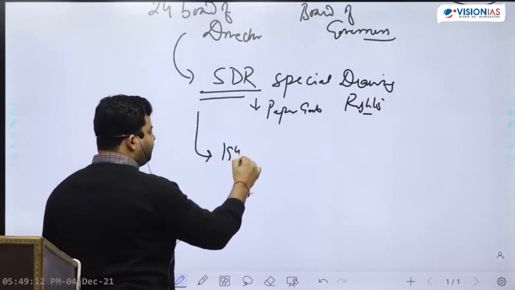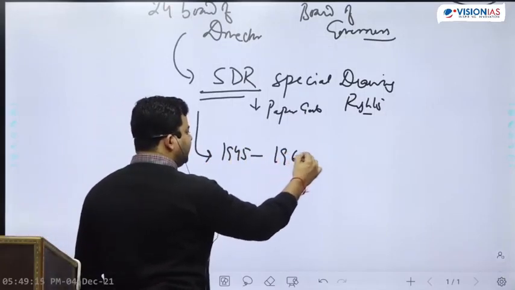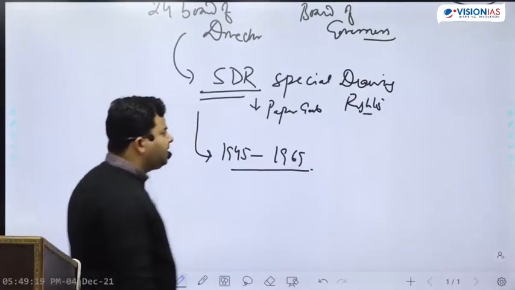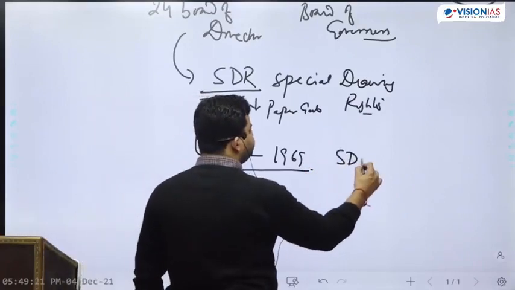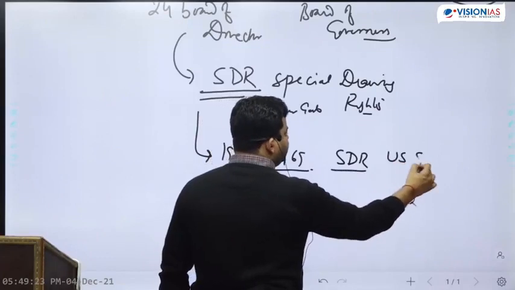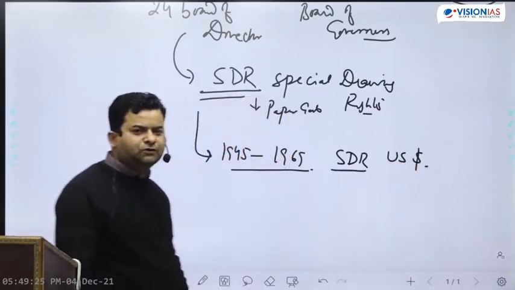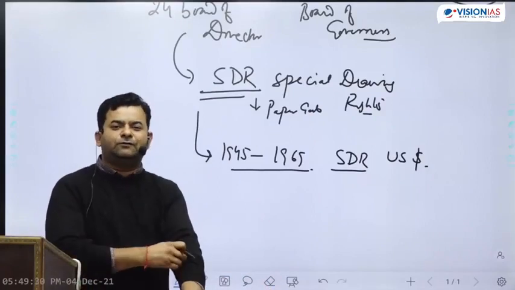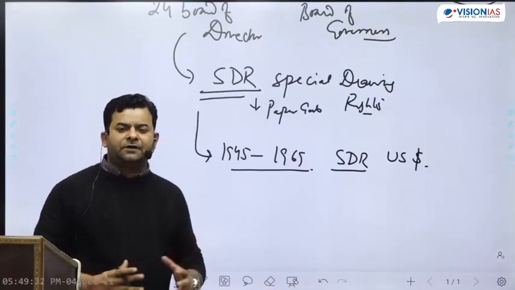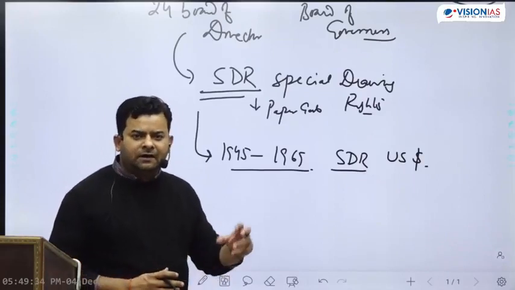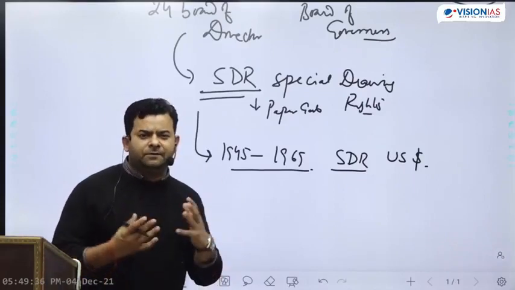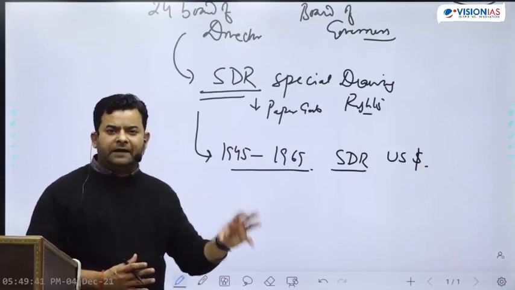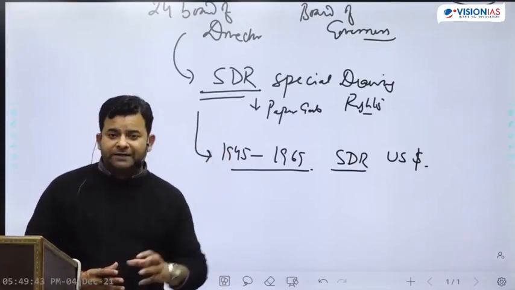From 1945 till 1969, you can say SDR was having only the US dollar. So it was called the US dollar only. There was no point in talking about SDR then, because it had only one currency, and that was the US dollar. After Nixon brought a lot of changes in American policy, and said no more gold pegging, I told you that $1 is equal to 0.88 gram gold.